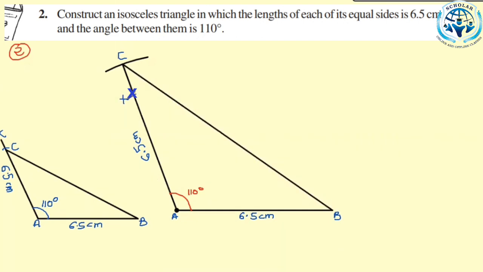This is the required triangle ABC, which is an isosceles triangle where the lengths of two equal sides is 6.5 centimeter each.